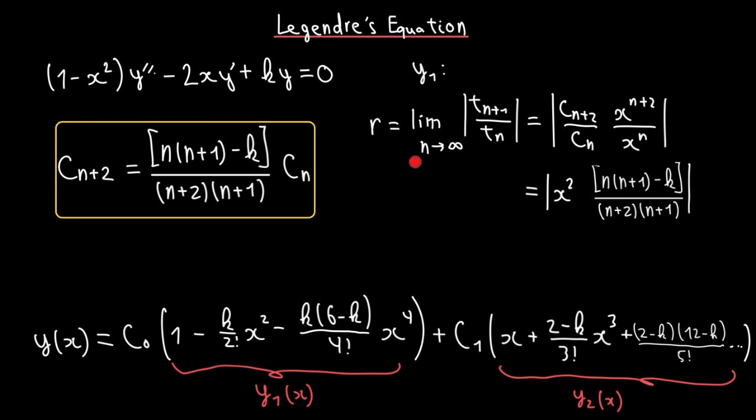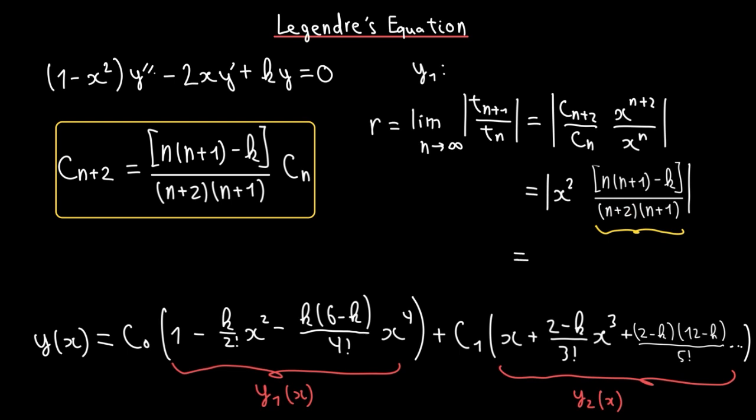And notice that the limit as n tends towards infinity of this ratio given by the recurrence relation is actually 1, because the highest degree term in the numerator is n squared, and the highest degree term in the denominator is also n squared. So the limit will tend towards 1.